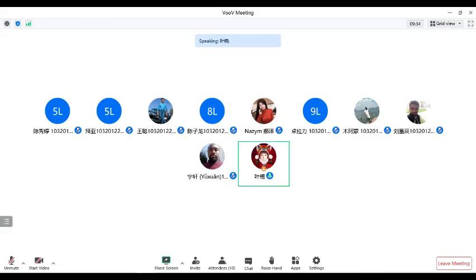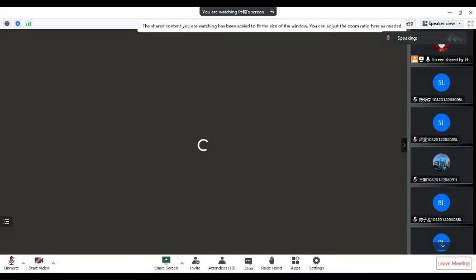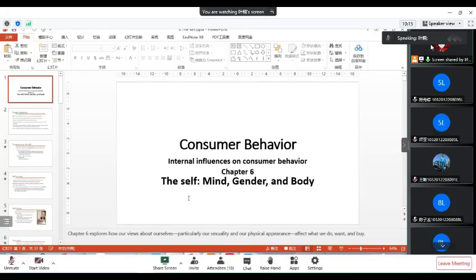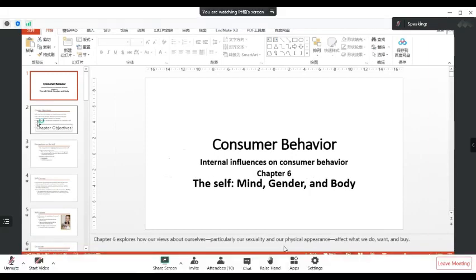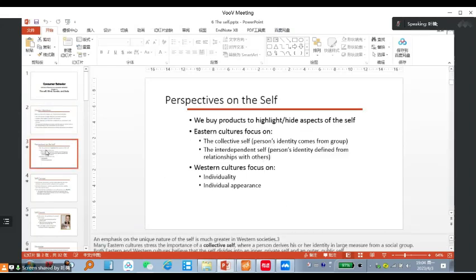Okay. Last class we introduced the section for the self. Now let's have a short review about the key terms. Okay, we emphasized the mind level and the views we have on ourselves affect what we do, want, and buy.